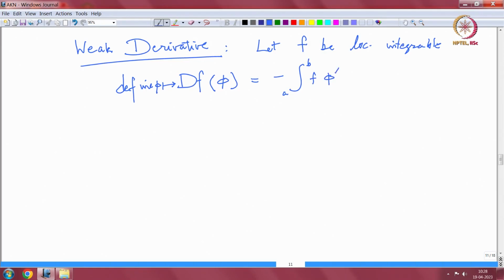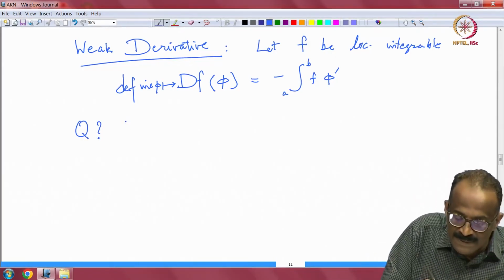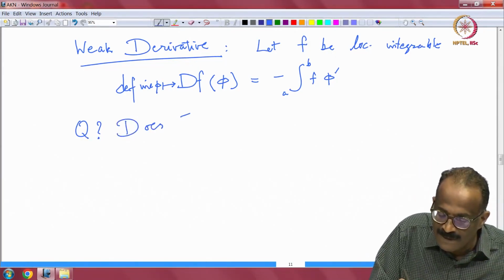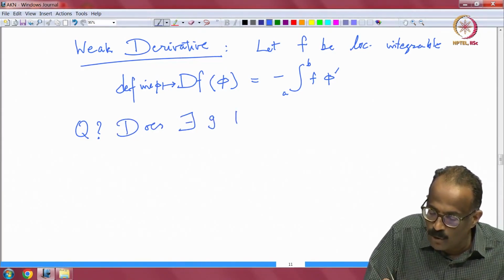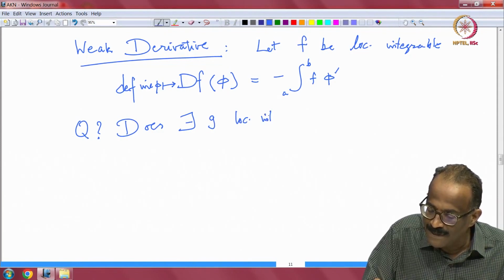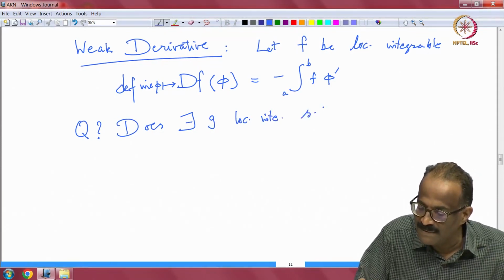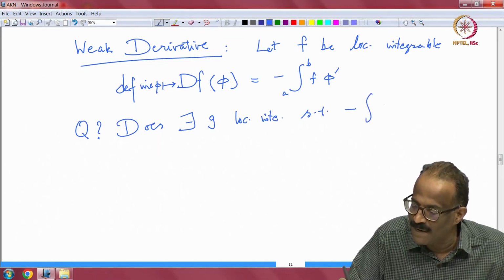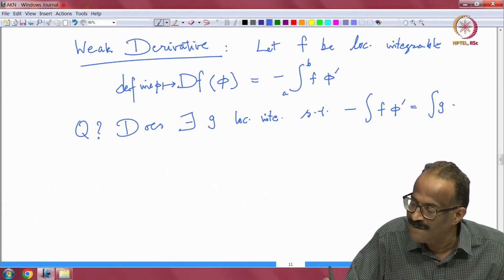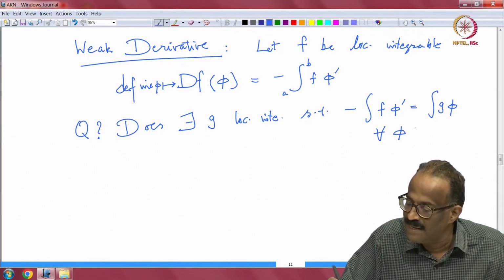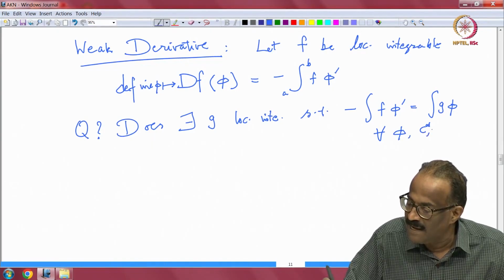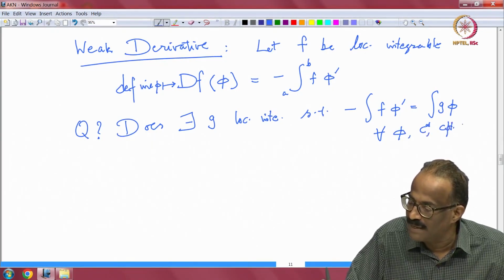One of the questions is: does there exist a g, locally integrable, such that minus the integral of f phi prime is the same as the integral of g phi for all phi in D, that is, for all phi which are C infinity with compact support? These are the two properties: smooth and compact support.